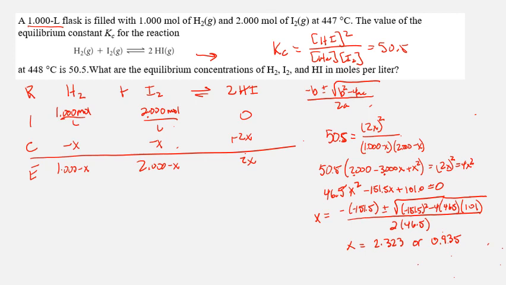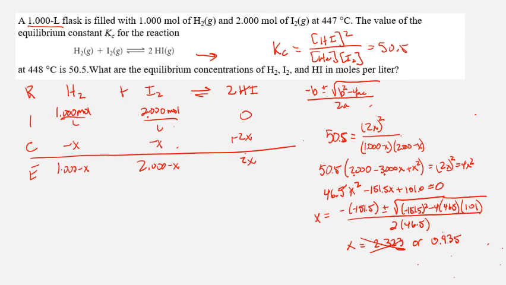Now, in this situation, again, looking at my initial reactants and products, it is impossible for the x to equal 2.32 because of the fact that the initial concentrations were 1 and 2. So I know I can cancel that one off. Sometimes you'll get a root where 1 is positive and 1 is negative, and that makes it super easy. But in this case, you just have to look and see, because the 2.32 is larger than my initial amount. There's no way that that could be my x.